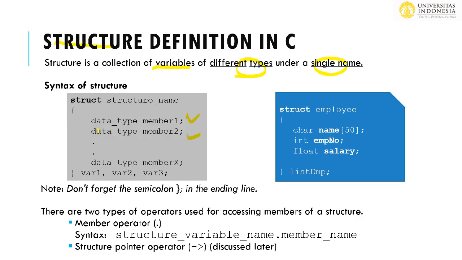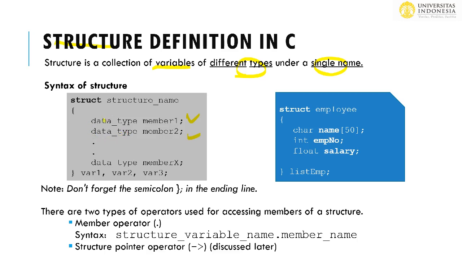Also in file processing, which is not covered in our syllabus, structures are commonly used to define records, to define the data to be stored in files. For these topics, you can learn in detail in the book in chapter 11.